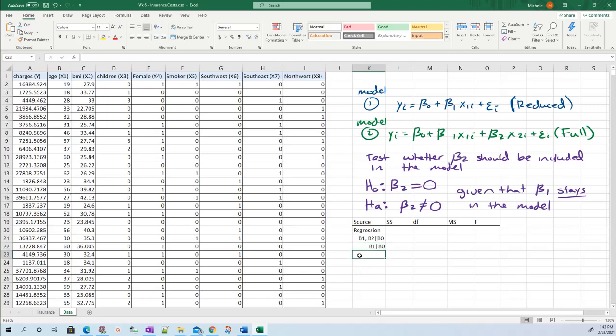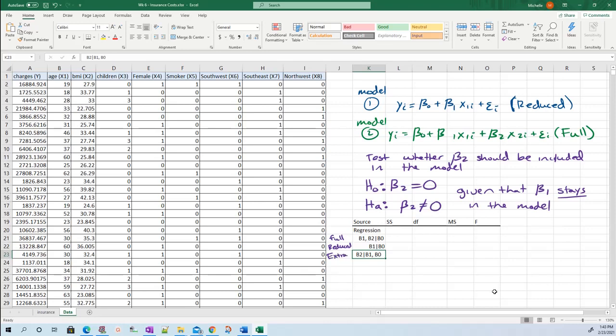Then I'm going to need to calculate the extra sum of squares: B2, given B1 and B0. How much did I improve over when there was just B1 and B0? This is our extra sum of squares. So this is full, this is reduced, and then this is the extra sum of squares.